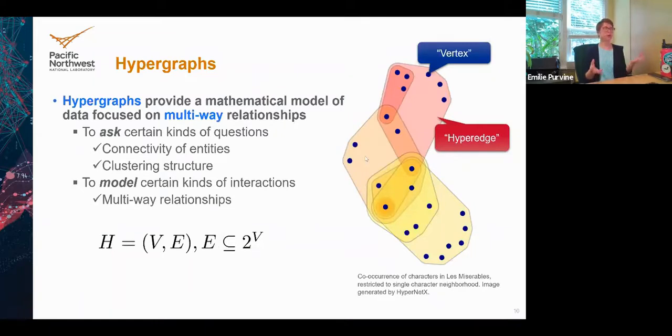Hypergraphs, this is almost the same slide as I showed for graphs, with the change from two-way to multi-way. Again, we want to identify connectivity and clustering, where a hyperedge now can be an arbitrary subset of vertices.